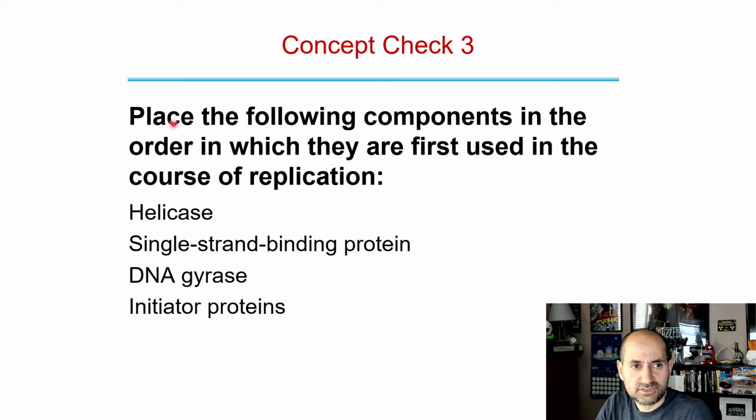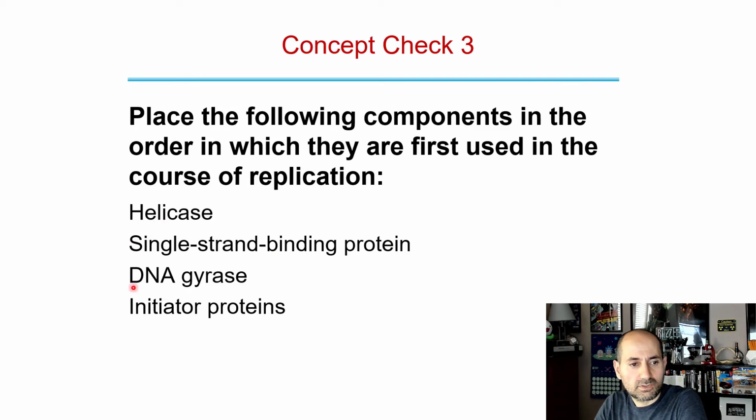So place these in order. Place the following components in the order in which they are first used in the course of replication: helicase, single-strand binding protein, DNA gyrase, and initiator proteins. Okay, so remember I said DnaA, the initiator proteins, have to bind first.